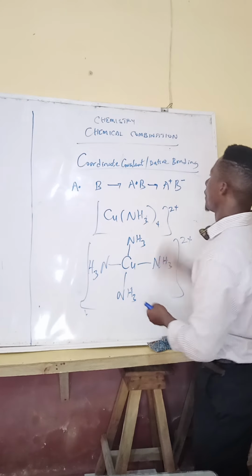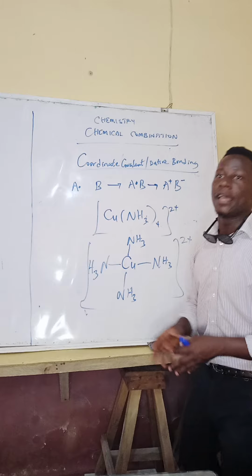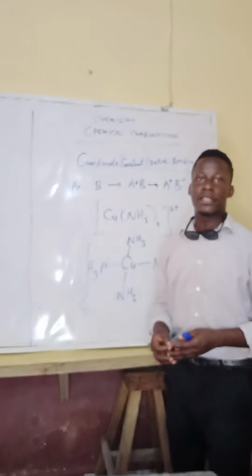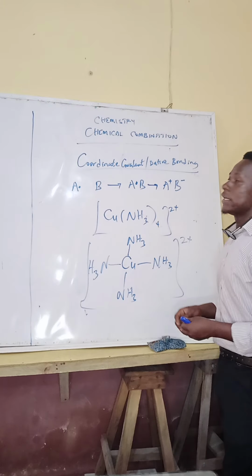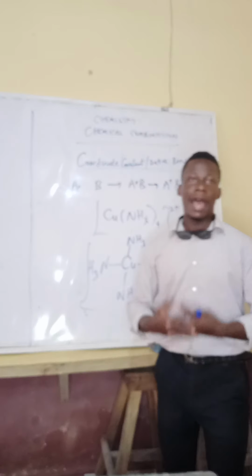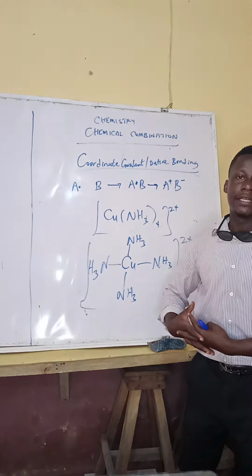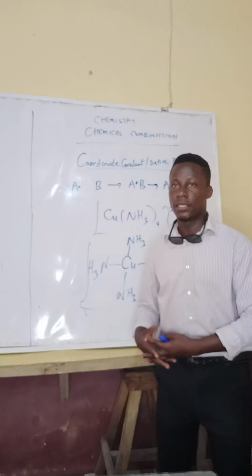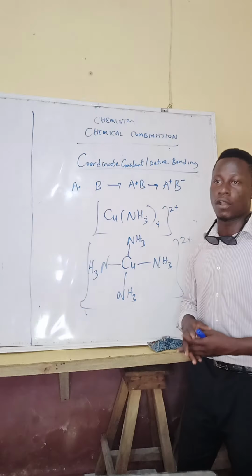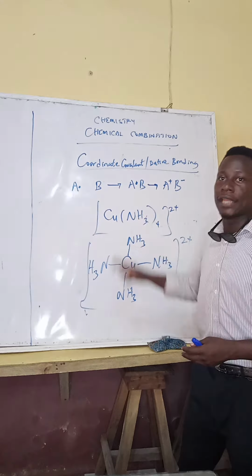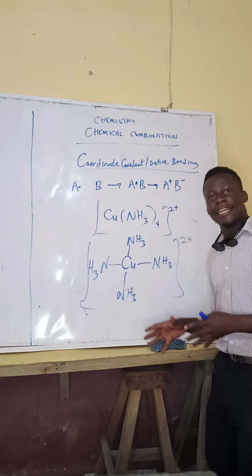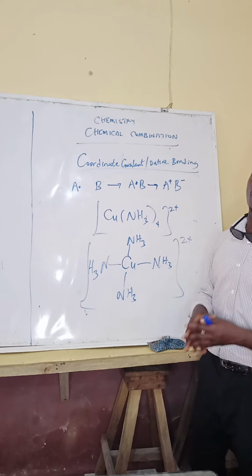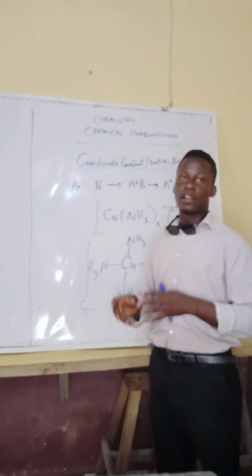And then we said we have coordinate covalent bond, where only one of the participating atoms has electrons for sharing. We said this can occur when ammonia reacts or bonds with an acid. And of course, we also said that coordinate covalent bond is also found in complexes.